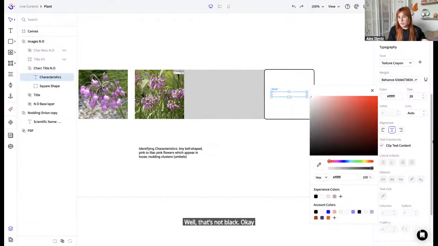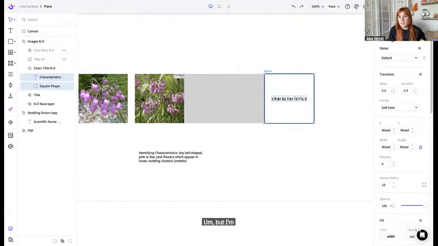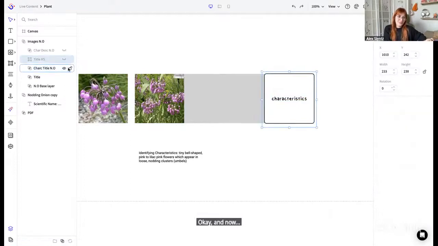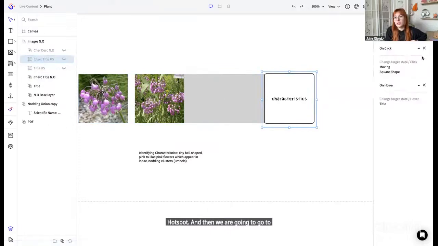Okay, sure, why not? Then I'm going to make sure these are centered like I did last time. Okay, and now we're going to duplicate this hotspot again. We're going to title this Carrick title hotspot. And then we are going to go to the interaction.